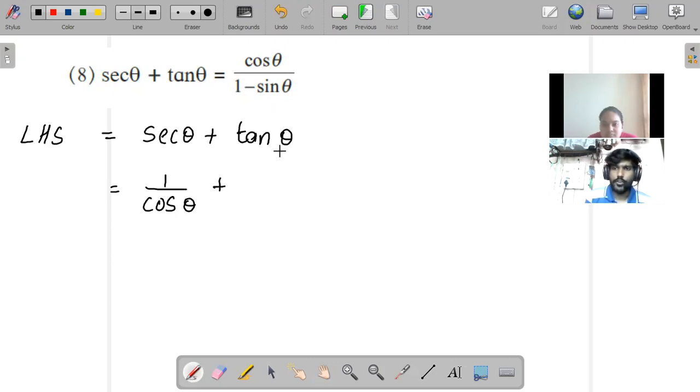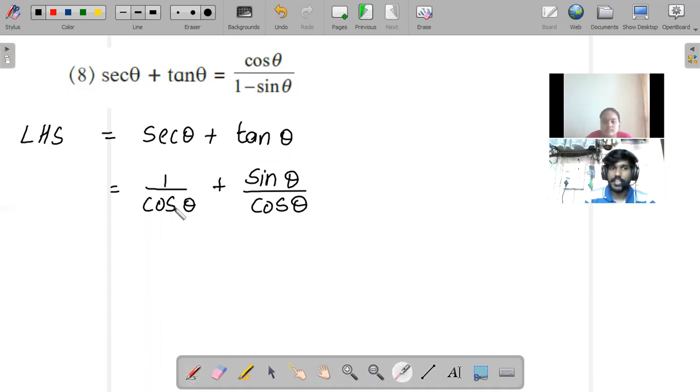And what is the formula for tan theta in terms of sine and cos? In terms of sine and cos, tan theta is equal to sin theta upon cos theta.